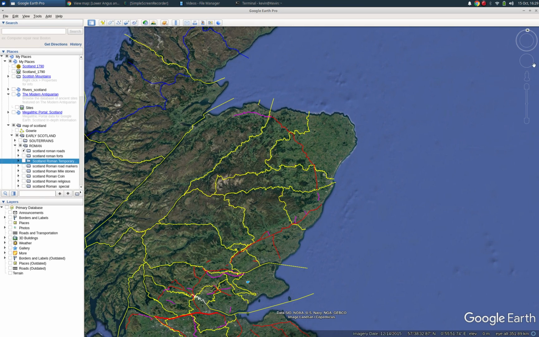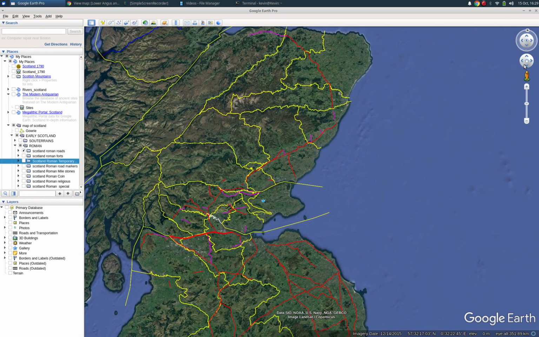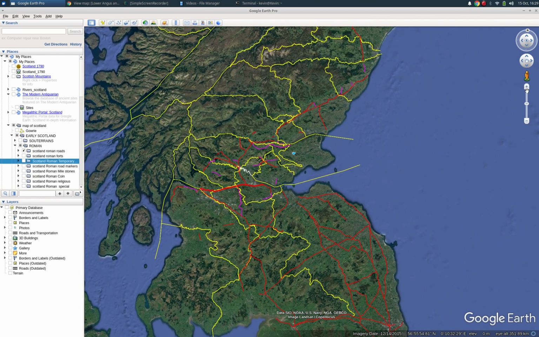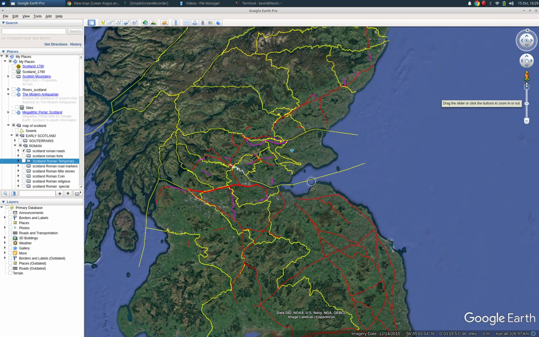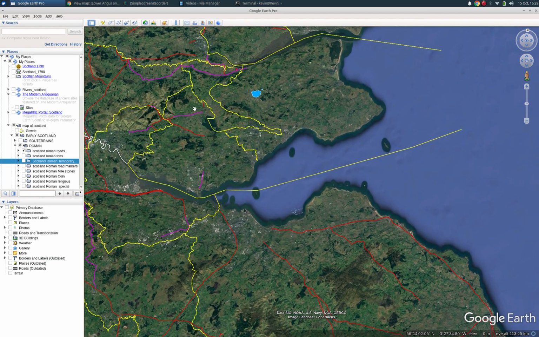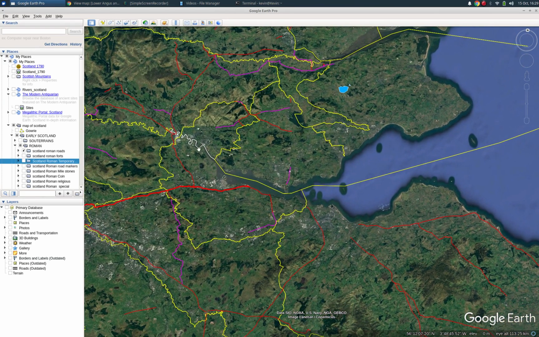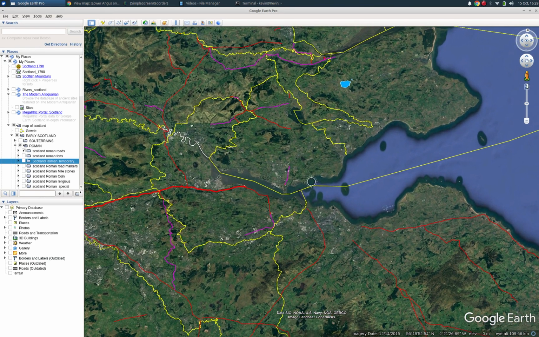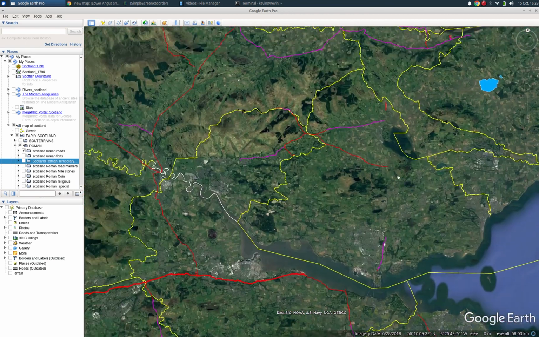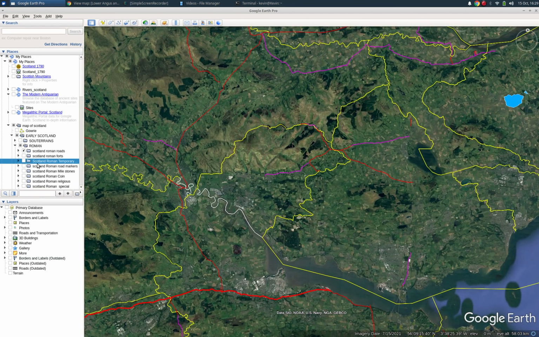Now, it's all very well being able to plot just Roman archaeology on a map such as this. However, if we look here, this area here is Clackmannanshire. It's a council in Scotland at the moment. We can see quite clearly, if I bring up the Roman road markers, we can see the route. We can see where the Roman road is round about this area here.